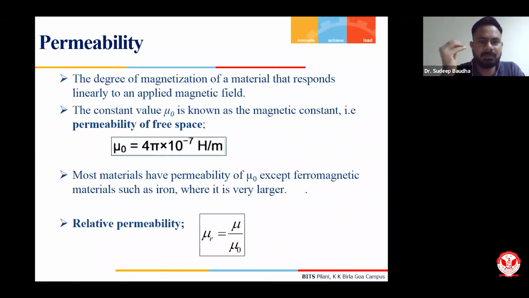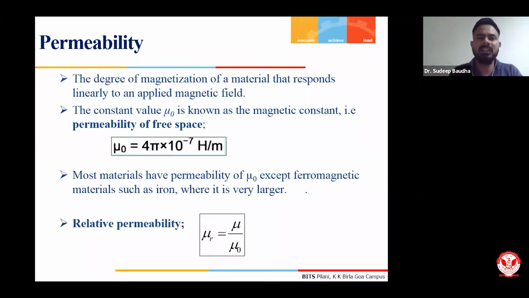Now the second parameter, which is also very important, is known as the permeability of the material. It is fundamentally defined as the degree of magnetization of a material that responds linearly to an applied magnetic field. So permittivity is related to electric fields, and magnetic permeability is related to magnetic fields.